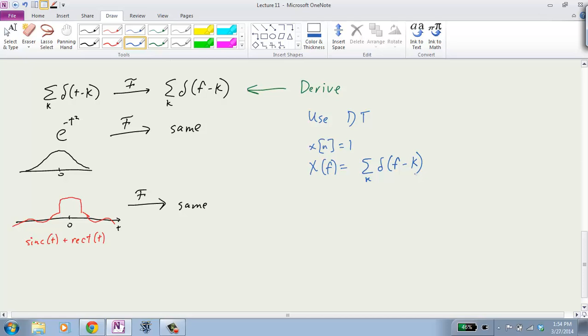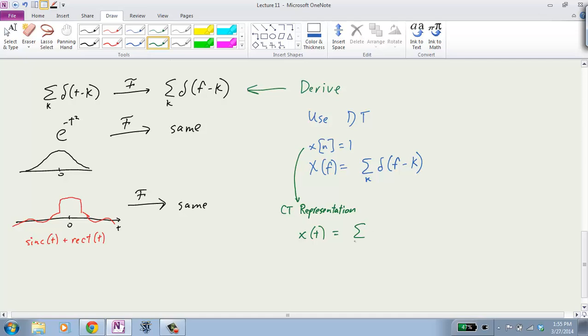Now, we also know, as we've talked about in previous lectures, that if we convert this discrete time process into a continuous time representation by simply replacing each of these numbers in the sequence by a delta function, creating a continuous time signal out of delta functions, that preserves the Fourier transform. So in other words, we can do x of t equals the sum.